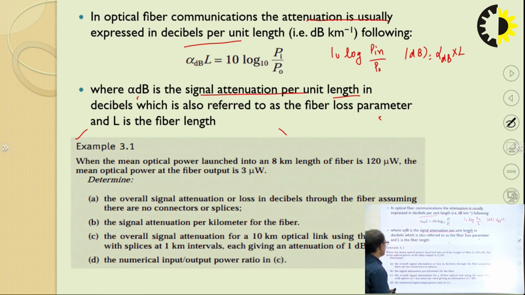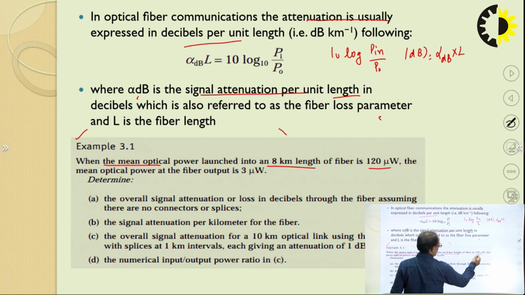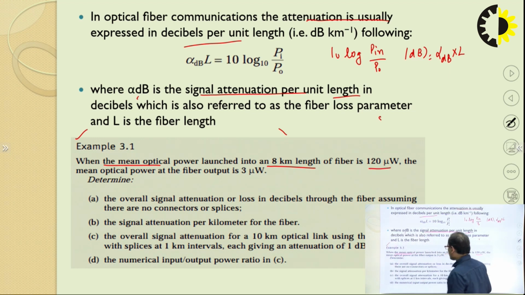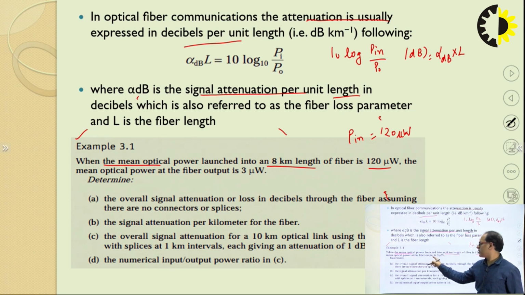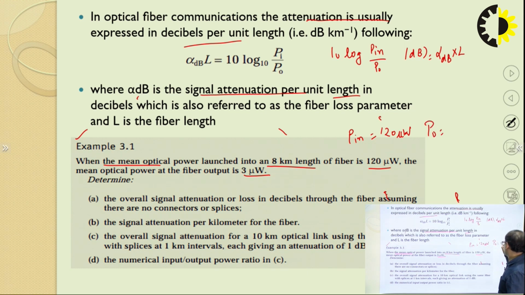When a mean optical power is launched into an 8 km length of fiber and it is 120 microwatt, that means the optical power P in is equal to 120 microwatt, and the mean optical output power at the fiber output is equal to 3 microwatt, that means P out is equal to 3 microwatt, and the length is equal to 8 km.